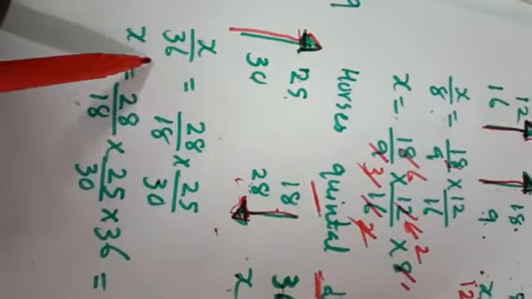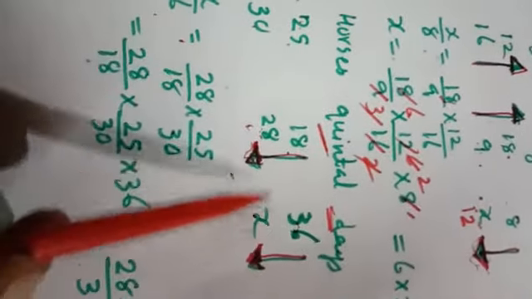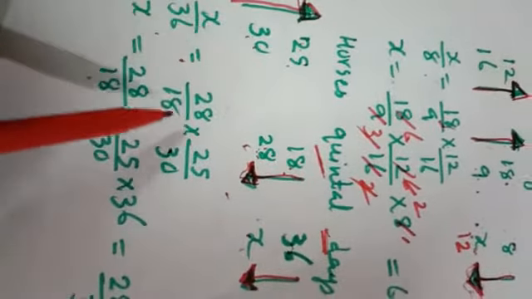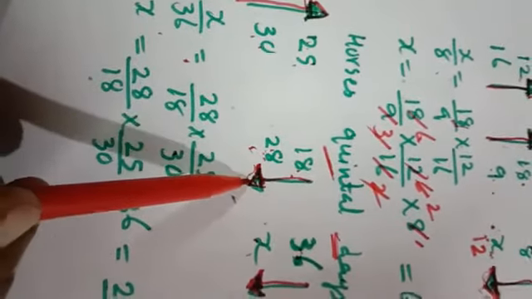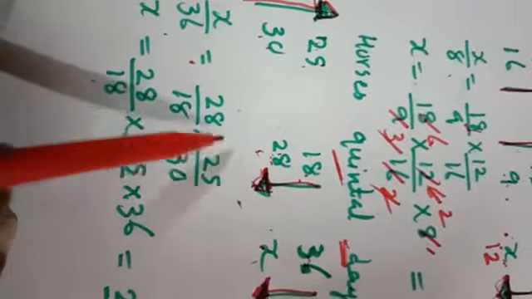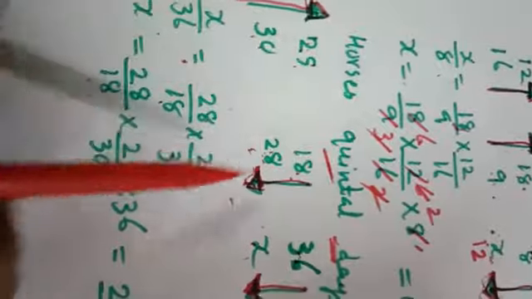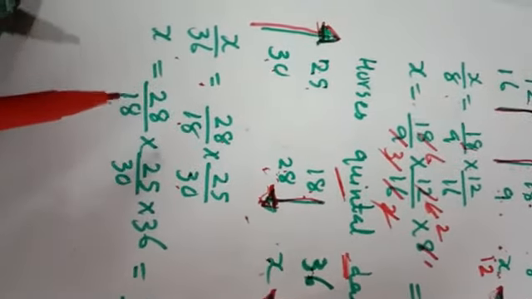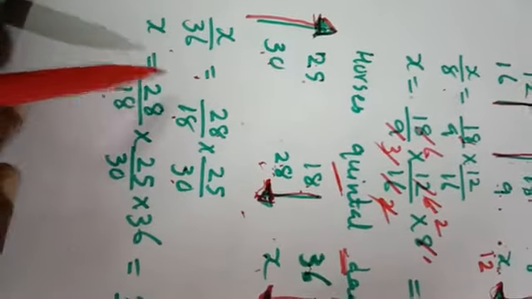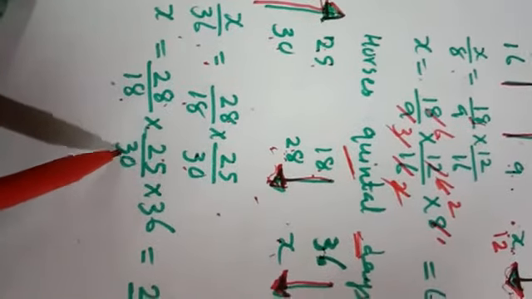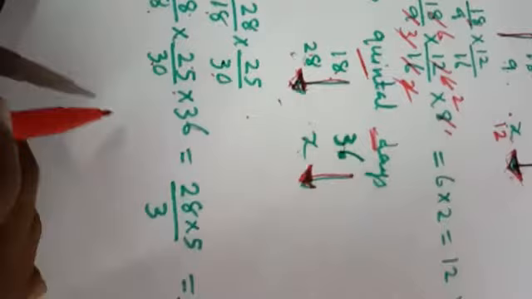So X is equal to, this 36 moves to the opposite side, 28 by 18 into 25 by 30 into 36.